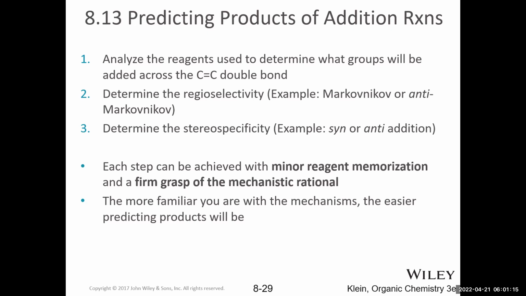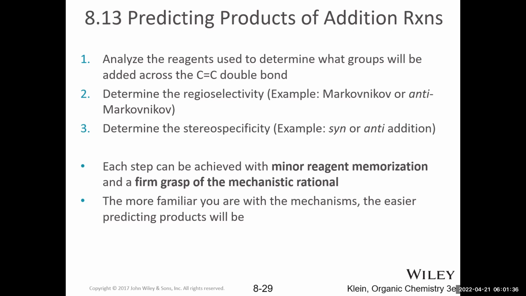If it's the same groups, then you don't need to consider regioselectivity. But if they're different groups, then you need to ask yourself, okay, which carbon, either the more substituted or the less substituted, is going to get which group? A lot of times one of the groups is hydrogen and the other group is a larger group.